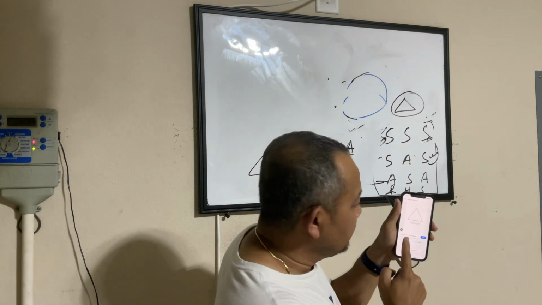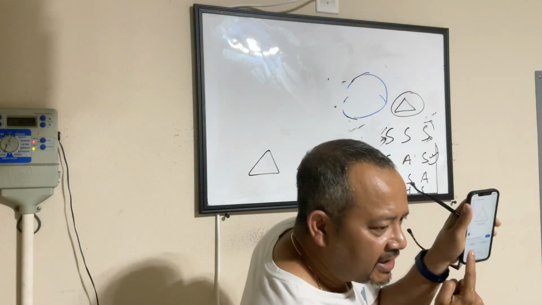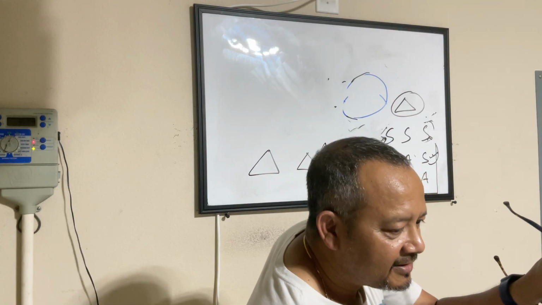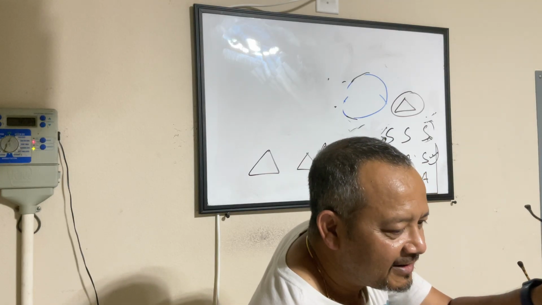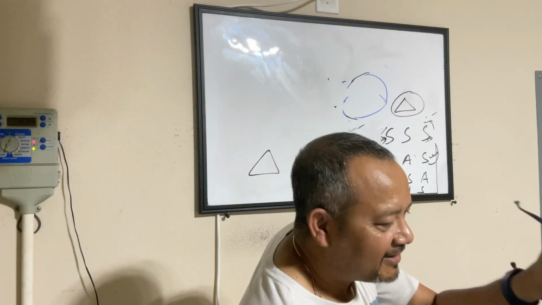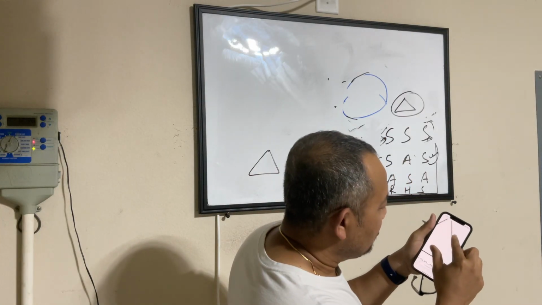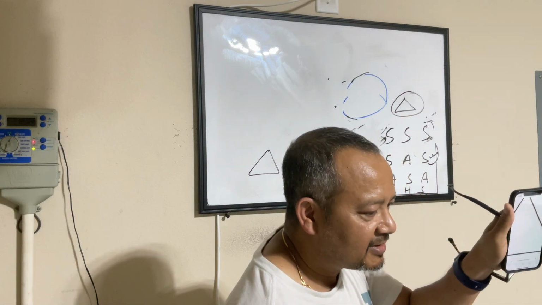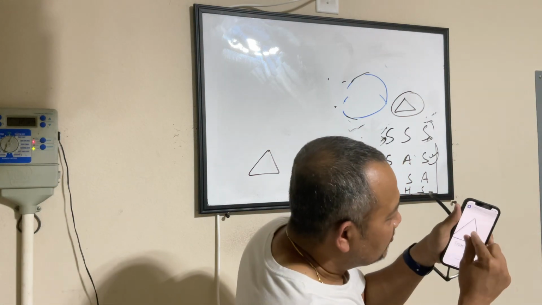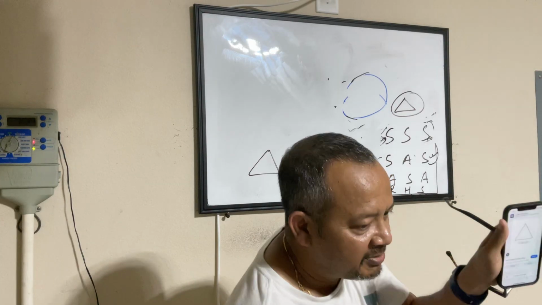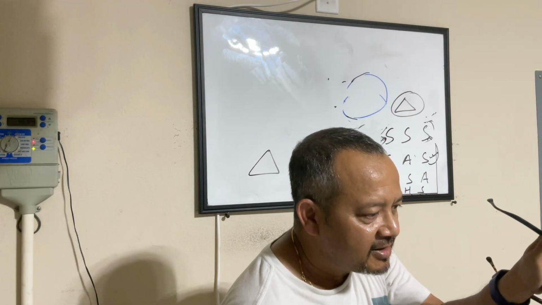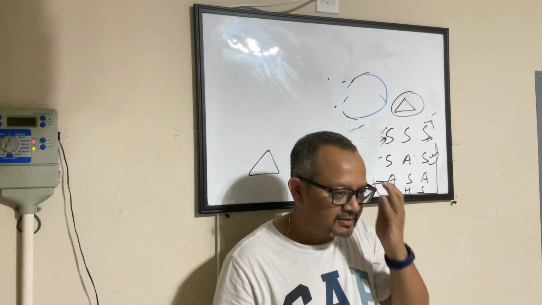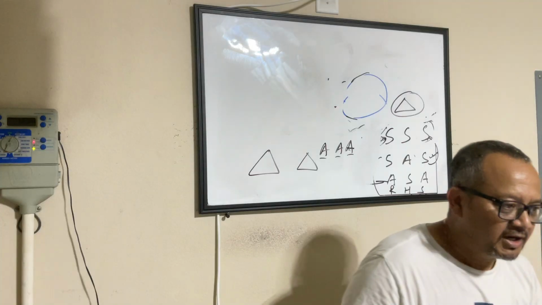You guys see a triangle here on the screen? Now, what am I doing right now? I made the triangle look big. Now I made it look small. What did I change? The length of the sides, right?